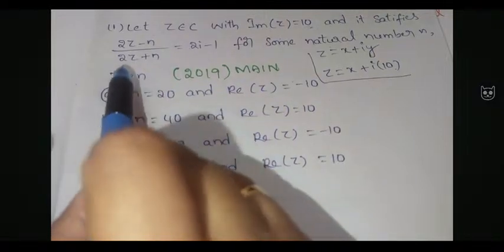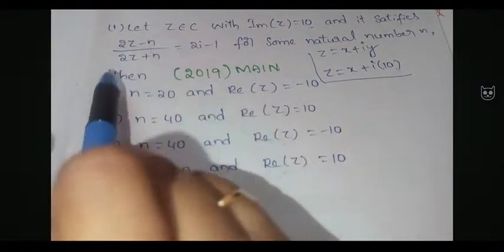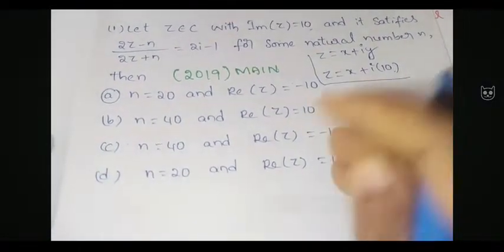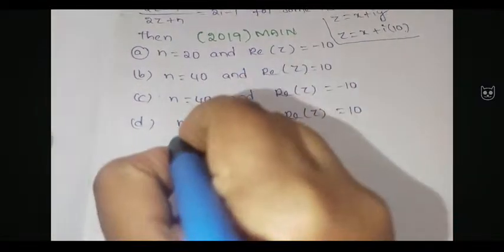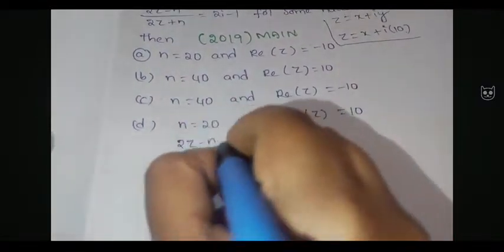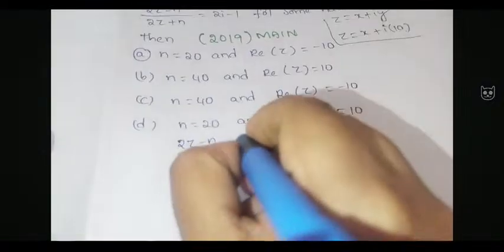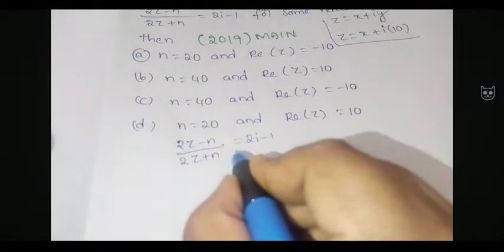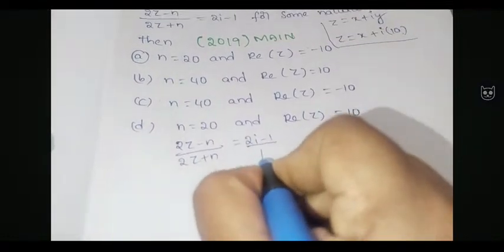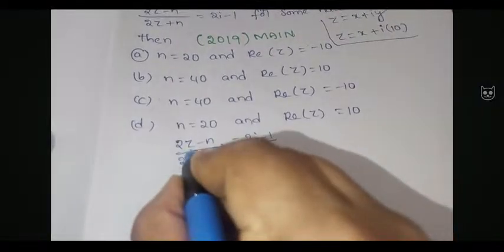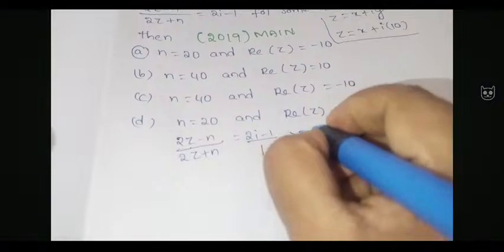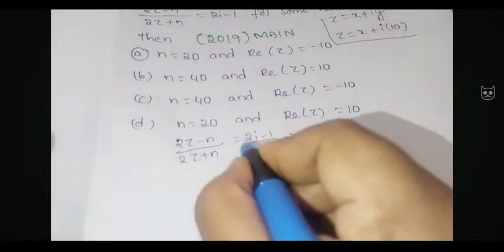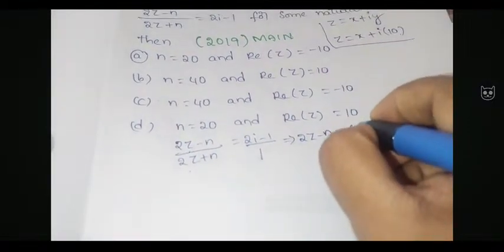Now the next, it satisfies (2z minus n) by (2z plus n) is equal to 2i minus 1. So write the given. First we need to simplify this expression, so I will cross multiply. 2z minus n is equal to (2z plus n) into (2i minus 1).